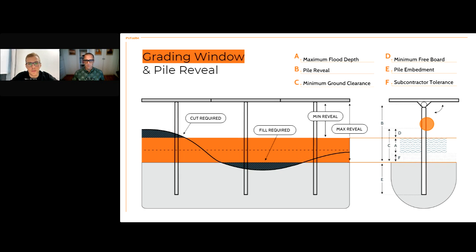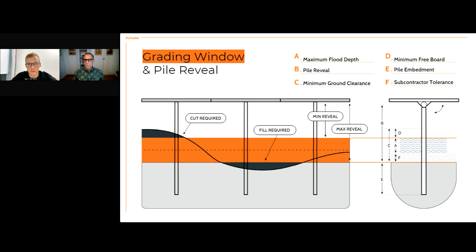Your team or your design may have other ones, but this is a diagram of how the floodplain, the freeboard, all of these different factors fit in to make sure that the tracker and the modules stay clear, are able to operate above ground, and that we maintain the structural integrity below ground from the embedment.